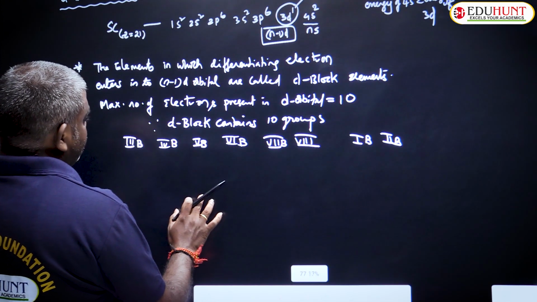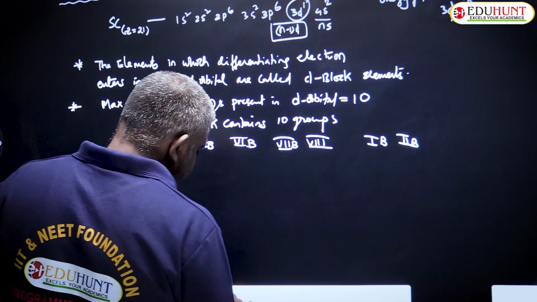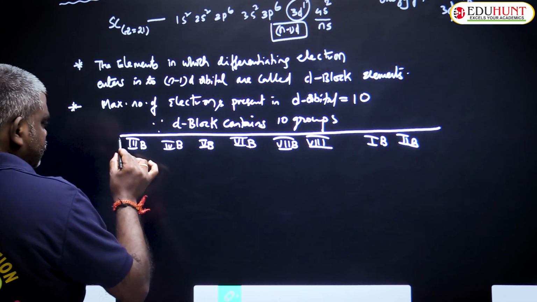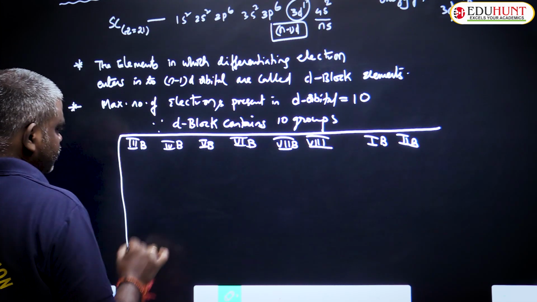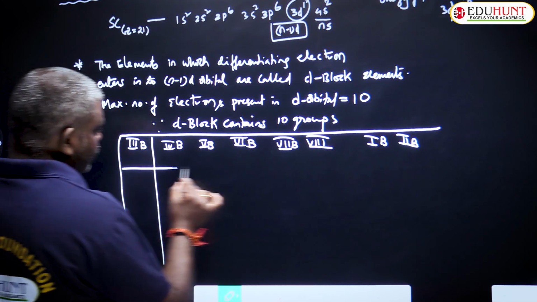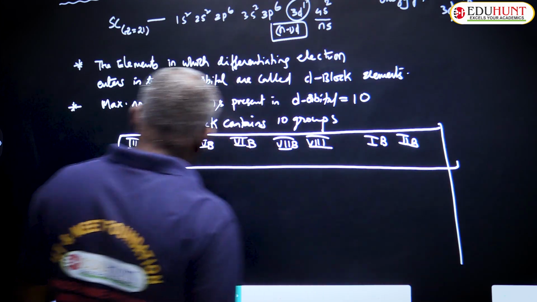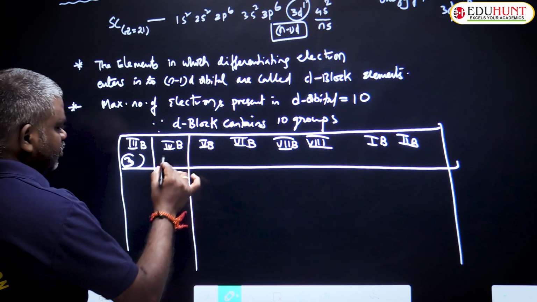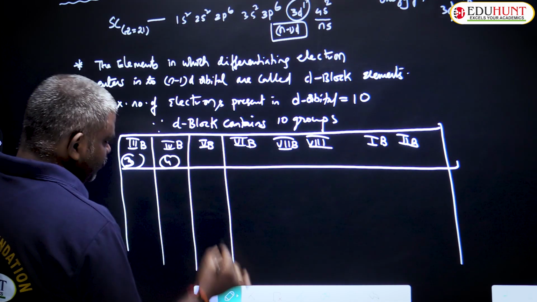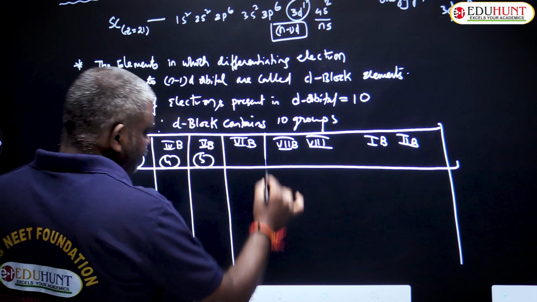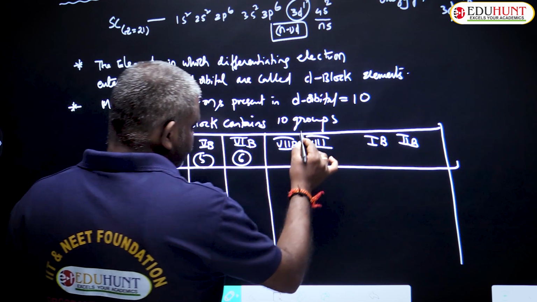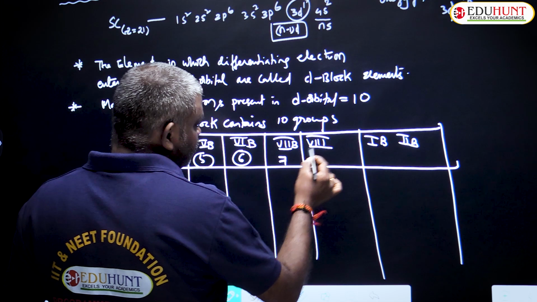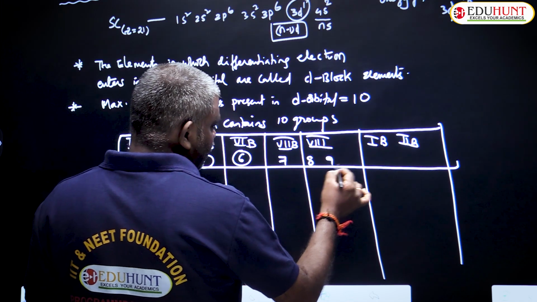Understood? Here 3B is equal to third group, 4B is equal to fourth group, 5B is equal to fifth group, 6B is equal to sixth group, 7B is equal to seventh group, 8B is known as 8, 9, 10.